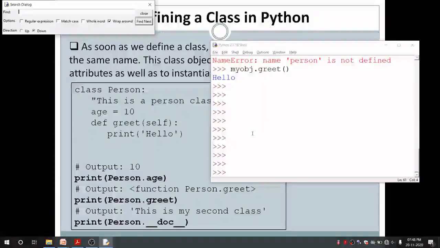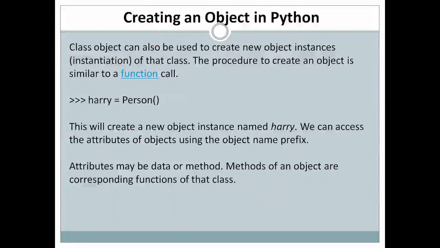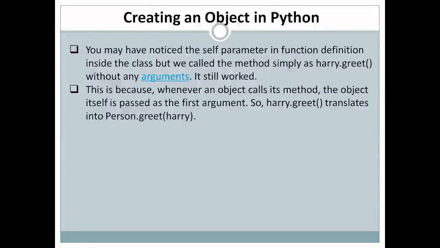Okay, let's go back to the PPT now. You may have noticed the self parameter in the function definition, the self parameter which we have defined in the greet function, but we called the method simply as object name dot greet.